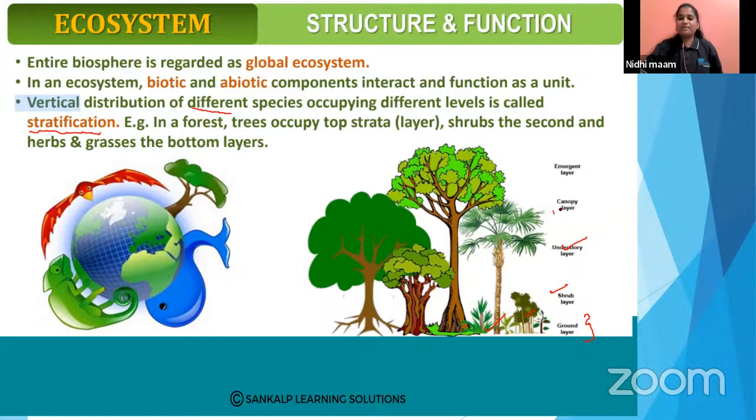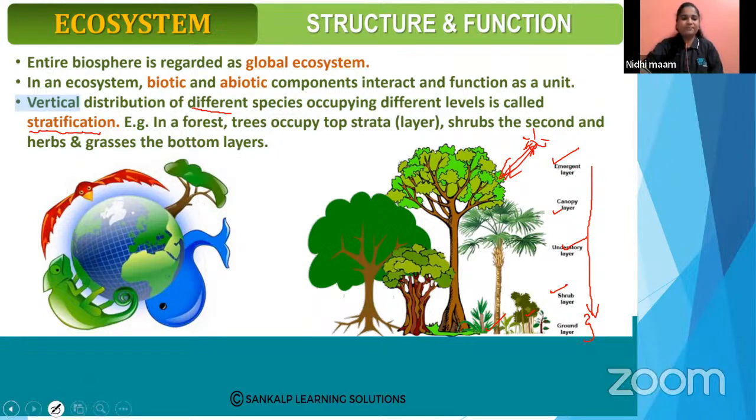Next we have the canopy layer, whose branches spread all over. Then we have the emergent layer, through which the sunlight passes. So like this, the vertical distribution of many living organisms occupying different levels is called what?